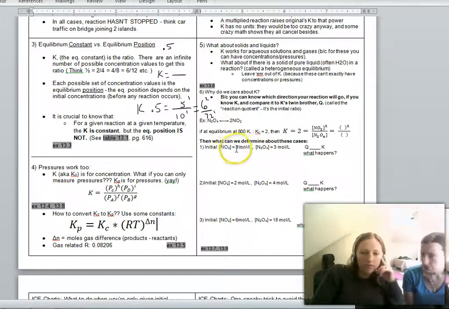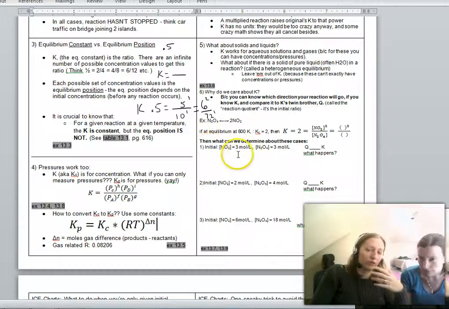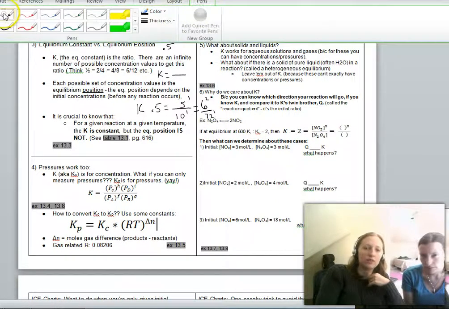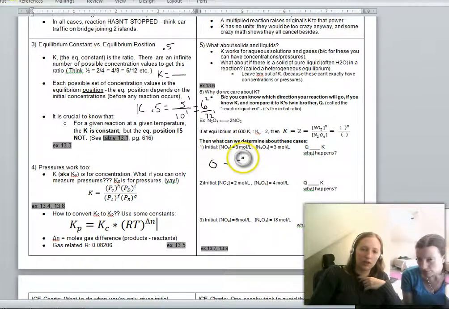So we've got a concentration. We put in 3 molar nitrogen dioxide and we put in 3 molar dinitrogen tetroxide. This is my first scenario. Question is, what is Q? So Q equals the concentration of NO2 squared over N2O4.